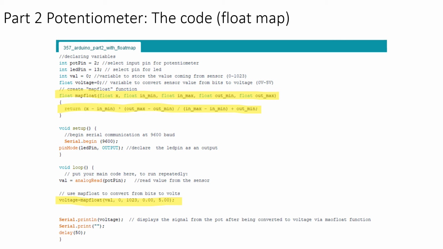You can see it adds the float function in front of all of the inputs, and it returns decimals, not just integers. You can see at the bottom where I called the map float function to scale my values from 0 to 5.